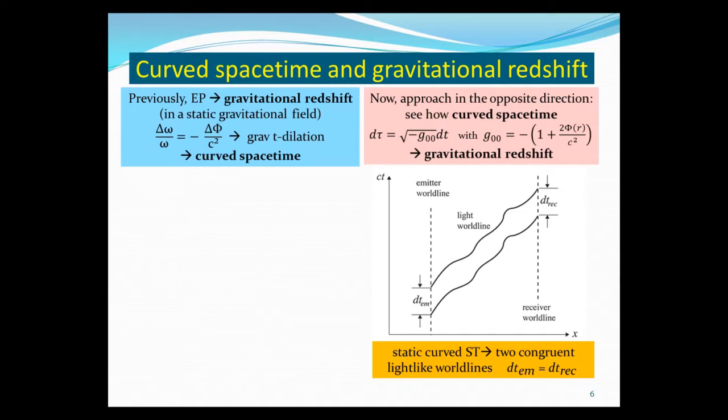But these world lines are still congruent, meaning that the same place goes up, the same time goes down. The reason is that we're talking about a static gravitational field, so a static space-time. Therefore, the time interval between the two wave peaks is dt, which is the same throughout the trip from the emitting point to the receiving point. The time interval between the two peaks remains the same.